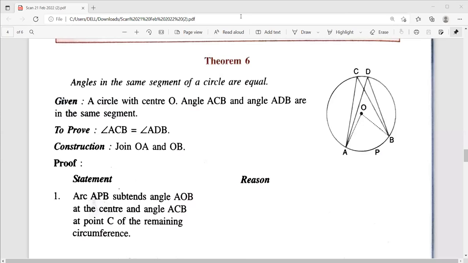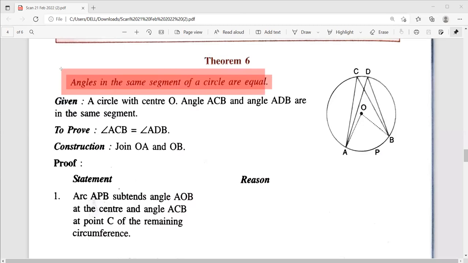Now see, here we have: angles in the same segment of a circle are equal. So actually speaking, this statement can be said in two different ways. First, you learn this, and then I will teach you the second one.